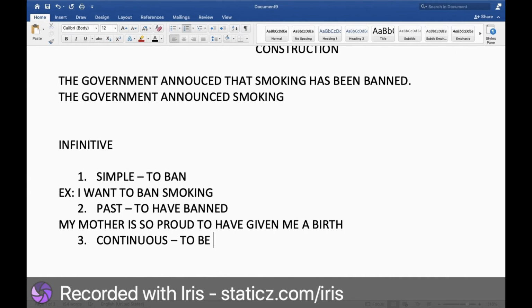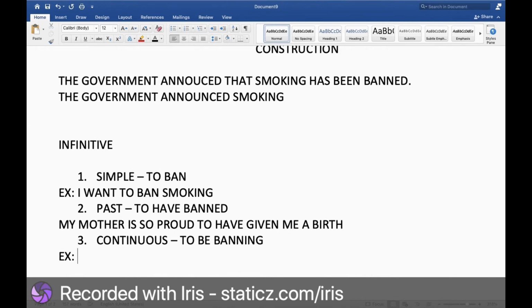Continuous, we use it like this: to be banning. To be banning is the continuous form of infinitive. If that sentence is in continuous tense form, then you're going to use this tense form of infinitive.